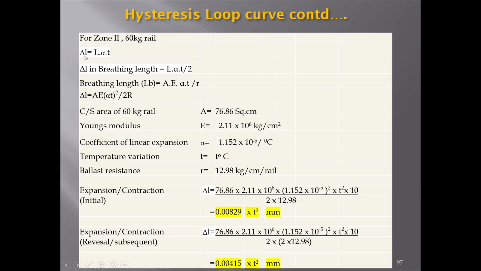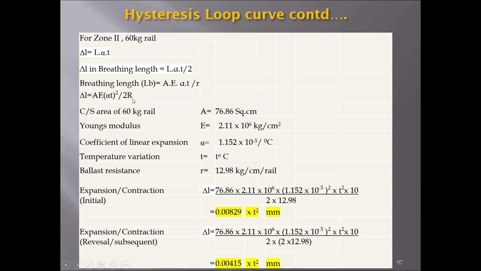Already we have studied that delta equals L alpha T, and breathing length is equal to A E alpha T divided by R. Substituting, we have the equation delta equals A E alpha T squared divided by 2R. This is the first equation. We require the cross section area; for the 60 gauge rail section it is 76.86 square centimeter.